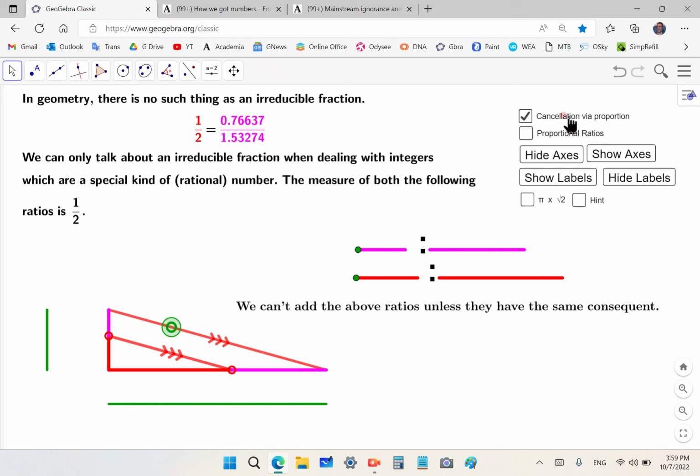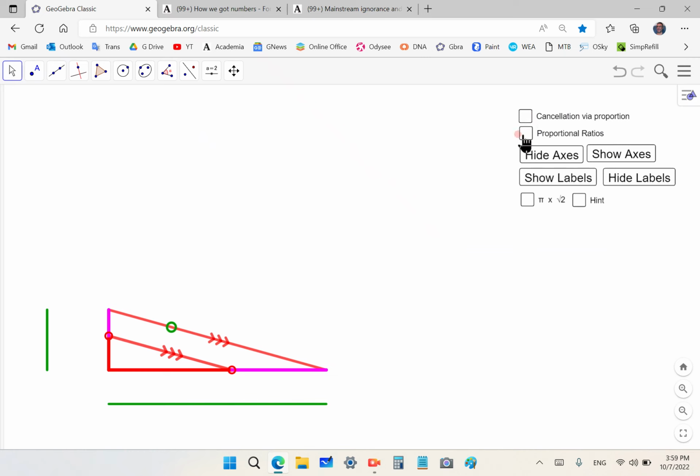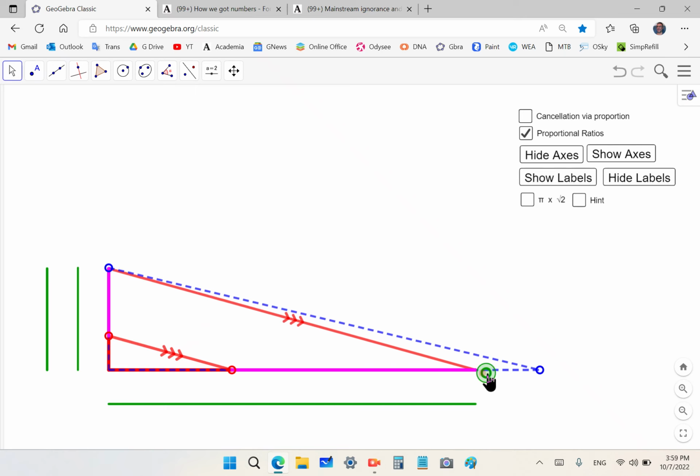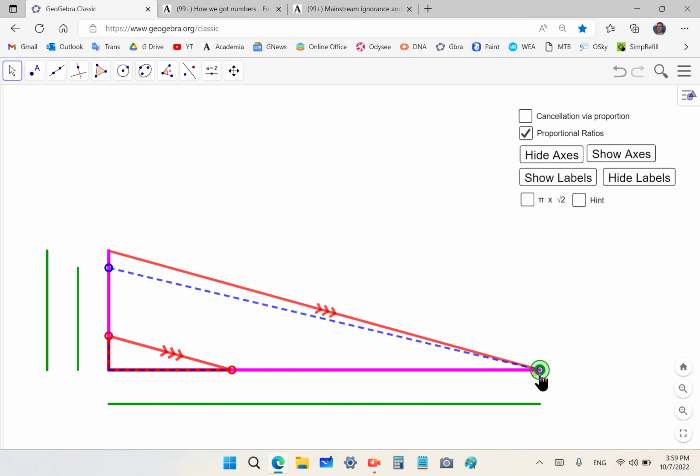In this case, they'd be equal because they are proportional ratios. But supposing we have another ratio, as you see in blue here, and we want to give these a common magnitude. How would we do that? Well, we'd have to move this so that it's positioned over there.